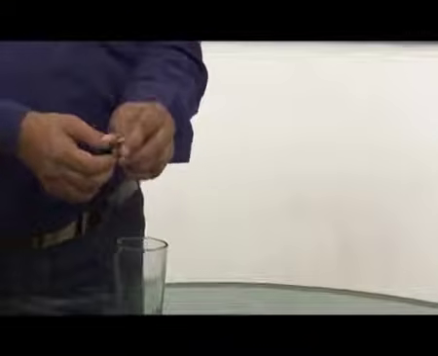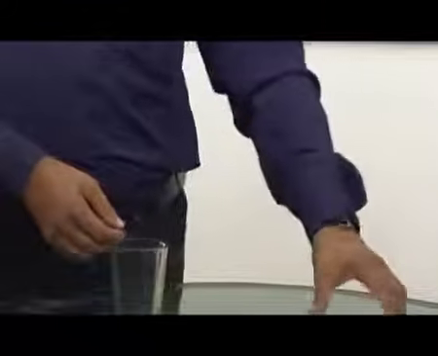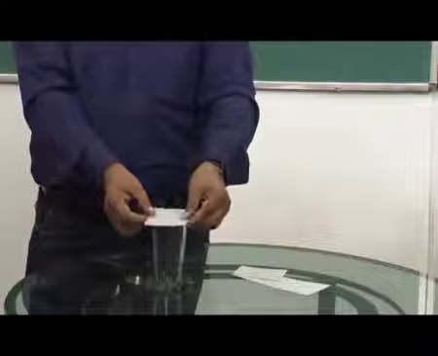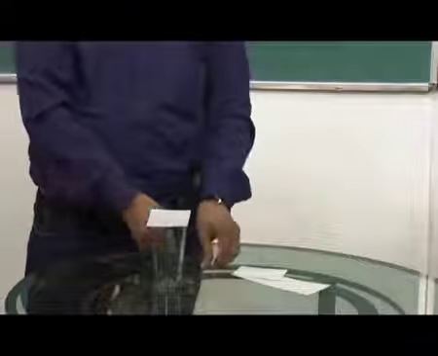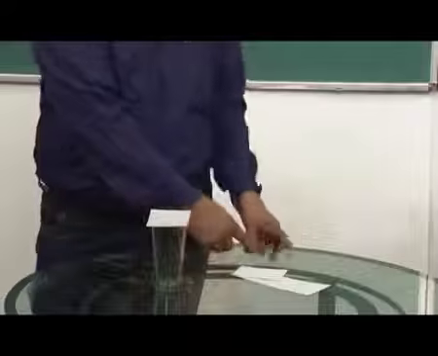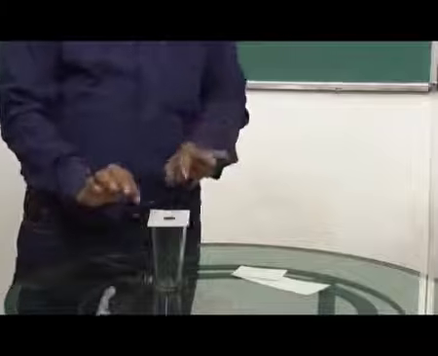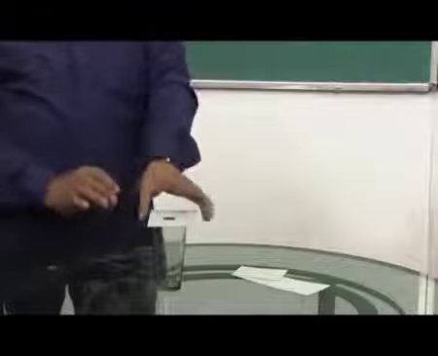So the experiment consists of putting a card here on this tumbler. So I am putting this card on the tumbler, and then this coin goes here on this card, nearly at the center, above the center of this glass tumbler. Now the prescription is you flick the card and then the coin should go into the tumbler.